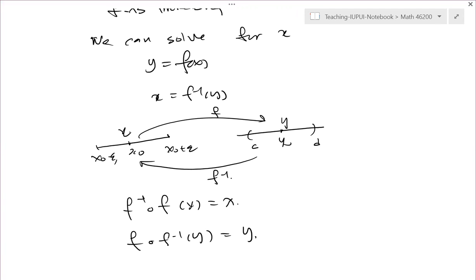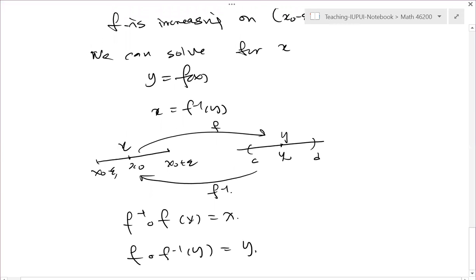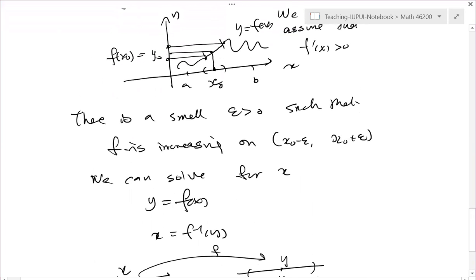As long as the function is smooth, so the derivative is continuous, and at some point the derivative is not equal to 0, you can assume positive, for example, for simplicity. Then nearby this point x naught, the derivative is always positive. For that small piece, the function is increasing.